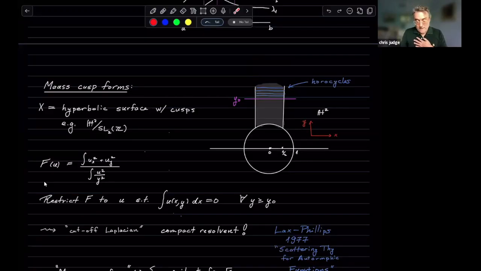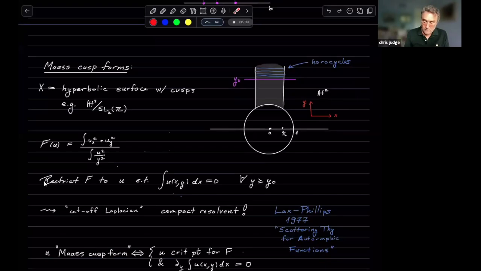So Lax and Phillips said, let's restrict to those functions u so that the zeroth Fourier coefficient is 0. We need to start that somewhere, and we start that at y0. So I look at integrals of the function here, and I assume that for all y bigger than this y0, that's always 0.